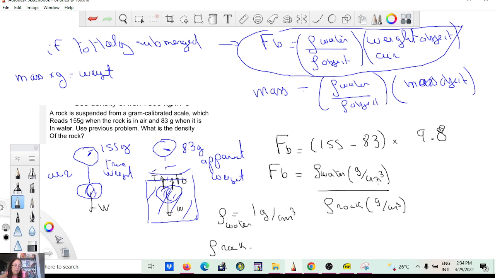Okay, so we got here, see, can cross that out, times here the weight, the true weight. Okay, so that will be the weight of the object in air, so that's going to be times 155 here. Okay, so here I have 155 times 9.8.